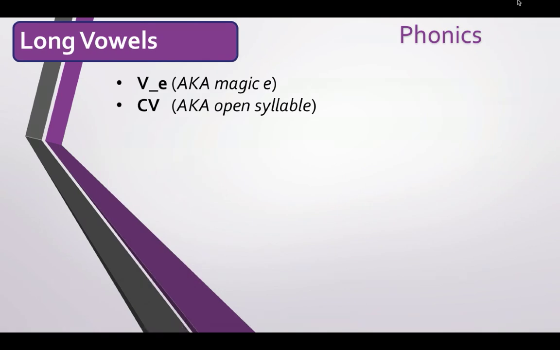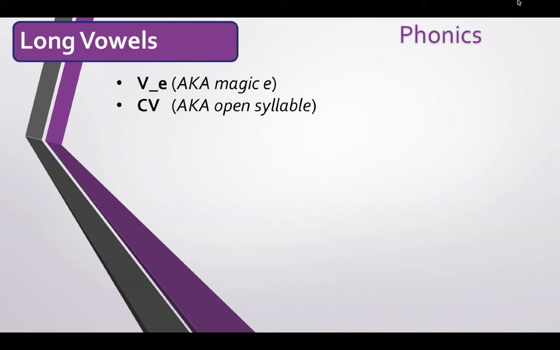Long vowels come in two different formats to consider. We've got the magic E rule, which is not always accurate, so be cautious about sharing this with young kids. But it starts with a vowel, there's a consonant in between, and then a silent E at the end, making the long vowel sound of the original vowel.